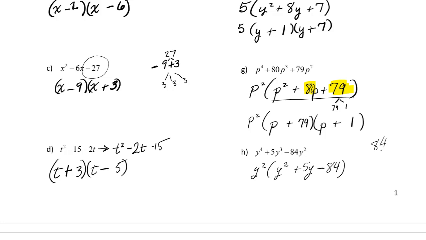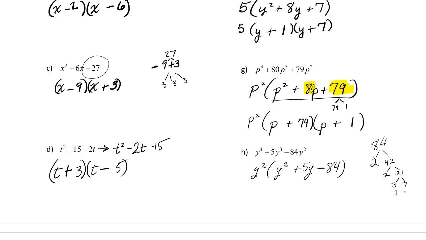So I need to think about 84 itself. 2 times 42 will give me 84, and 2 times 21 would give me 42. Let's see, we would have a 3 and a 7 would give me 21.